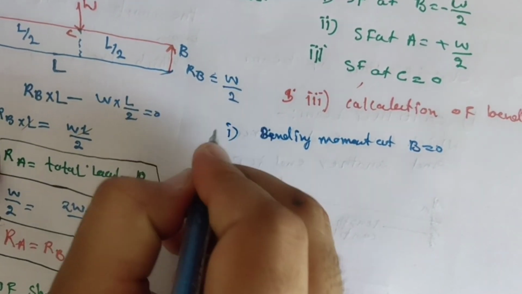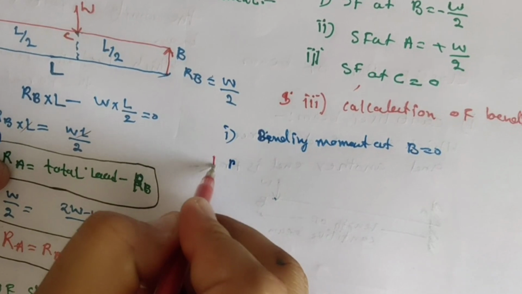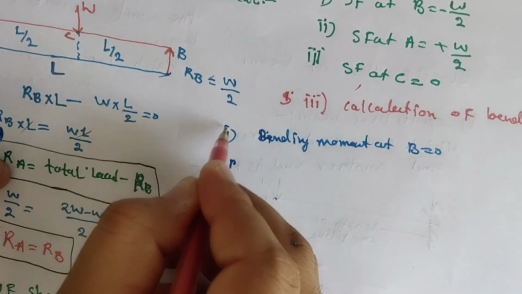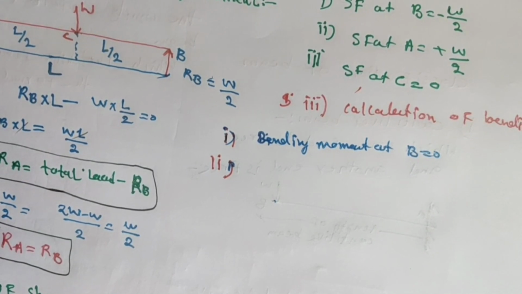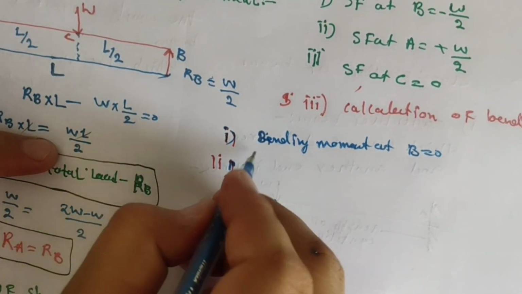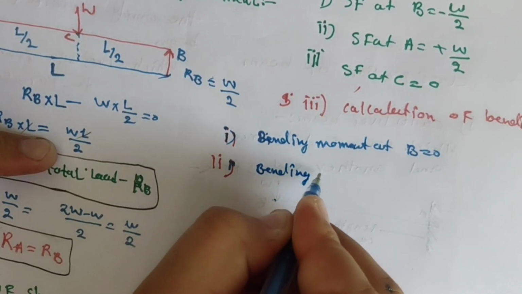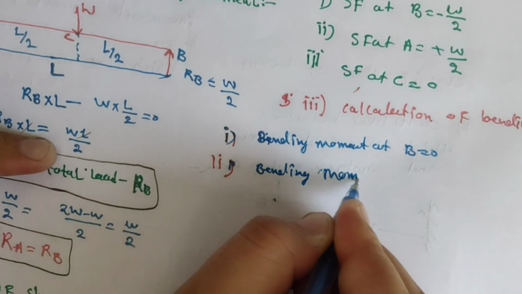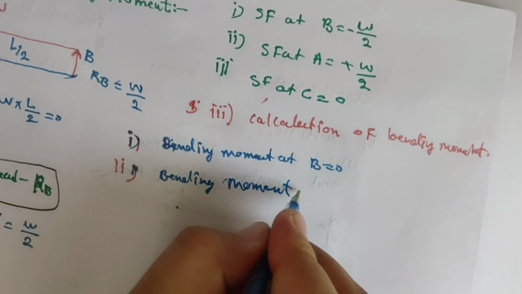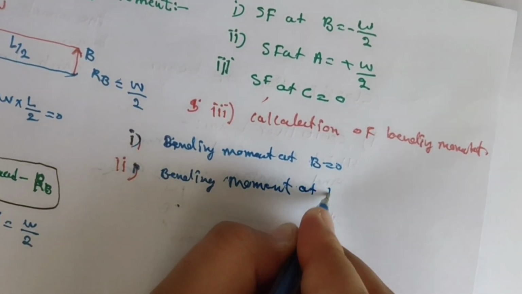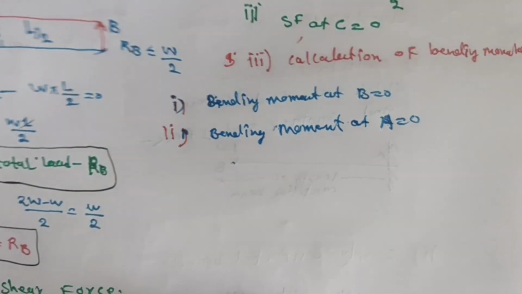This is the first point. Second point: bending moment at the point of A is also 0, because this is a support.